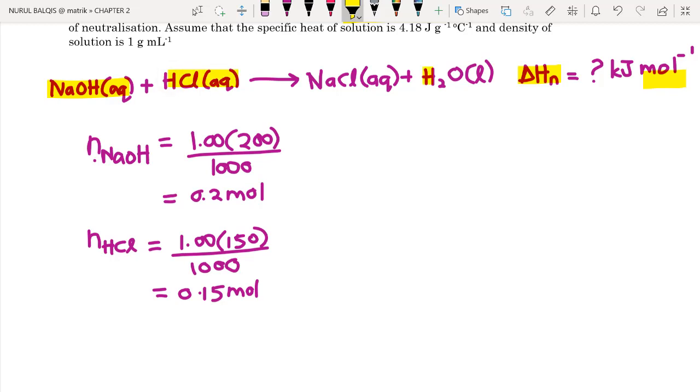So if we do a bit of stoichiometry here, 1 mole of sodium hydroxide reacts with 1 mole of HCl to form 1 mole of water. So we can check which of these two reactants will be the limiting reactant. So now we have 1 mole of HCl reacting with 1 mole of sodium hydroxide.